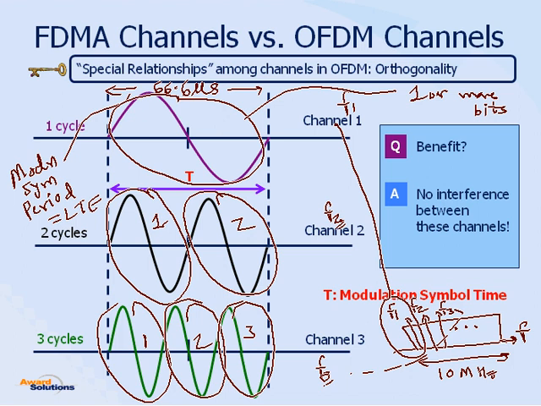Now if you have full cycles, integer multiples of cycles of the sine wave within the modulation symbol period, then you have constructed orthogonal subcarriers, and there is no interference between 1 and 2, between 1 and 3, between 2 and 3, etc. These are all orthogonal to one another.